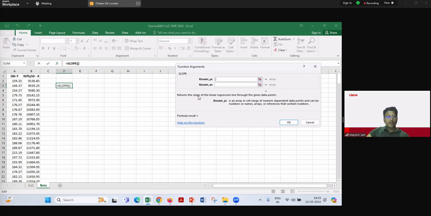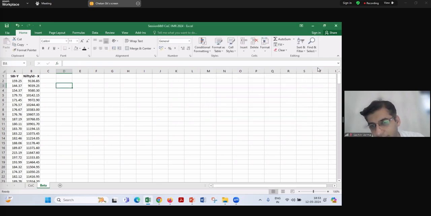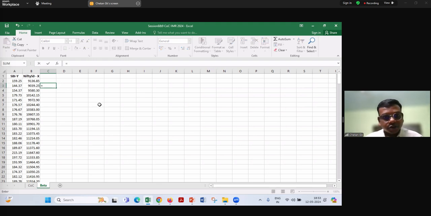Aren't these returns? So we are actually doing it on the price, which is very wrong. So can we quickly take up the returns now? Returns is this one minus previous one divided by previous one, right?